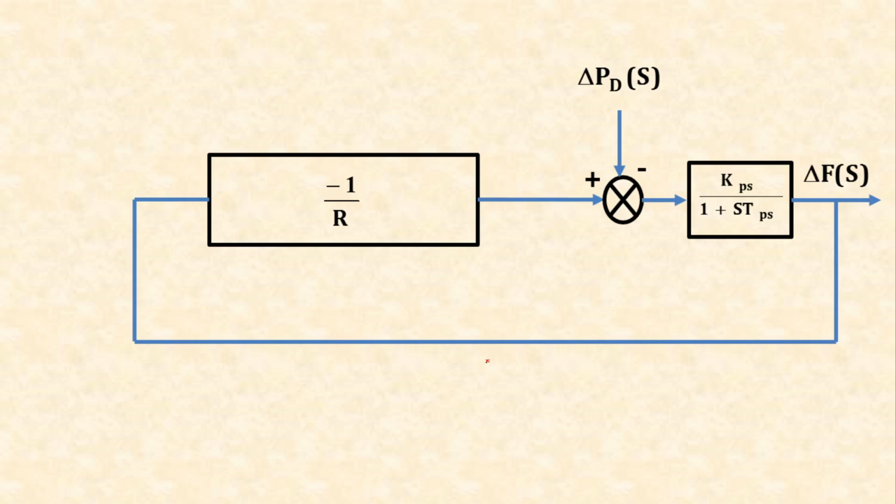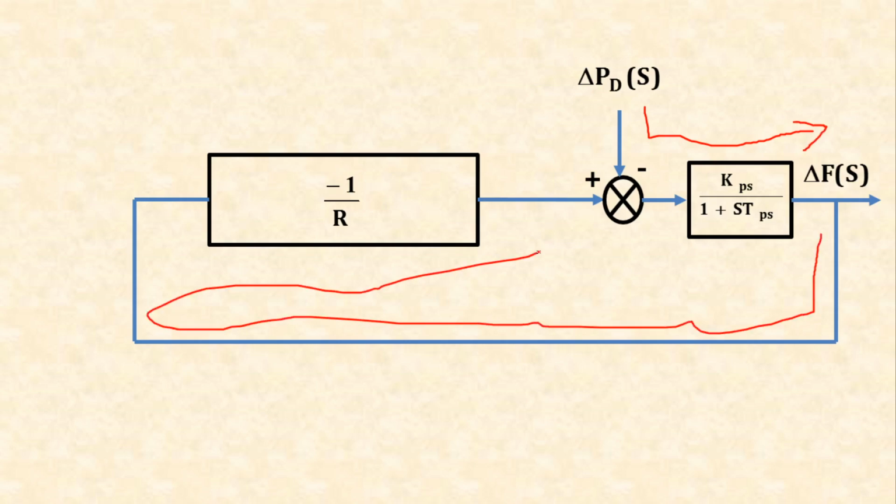Now we will represent this block diagram in the form of a standard block diagram, that means input, forward path, output and feedback path. This is our forward path from input to output, and this is our feedback path from output to input. Consider that the input has a negative sign.